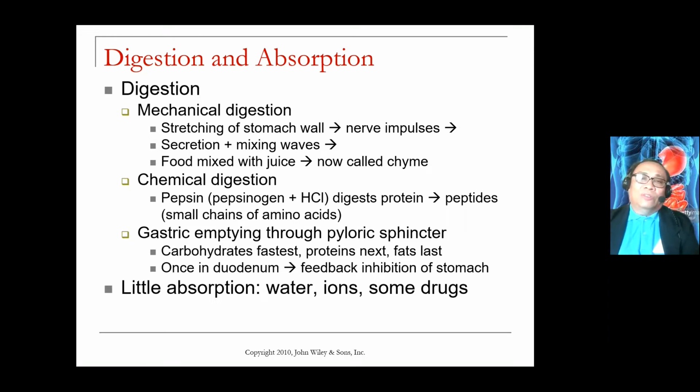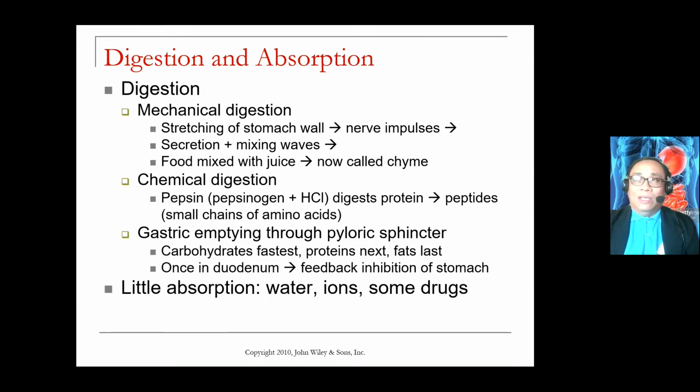There's secretion plus the mixing of waves, and food is mixed, and the processed food is collectively described as chyme. Kanina 'di ba sa mouth ang pinaka-end product is called the bolus prior to swallowing. But for the stomach, the end product is called chyme prior to its entry into the small intestine.